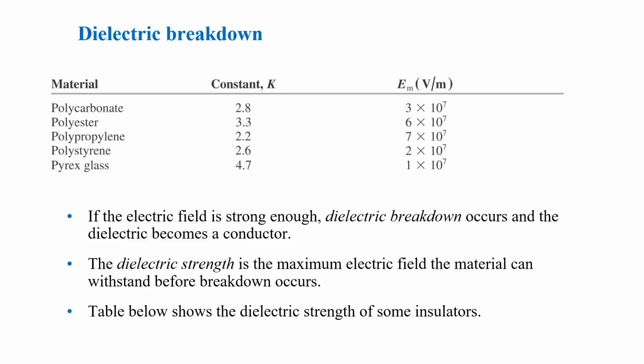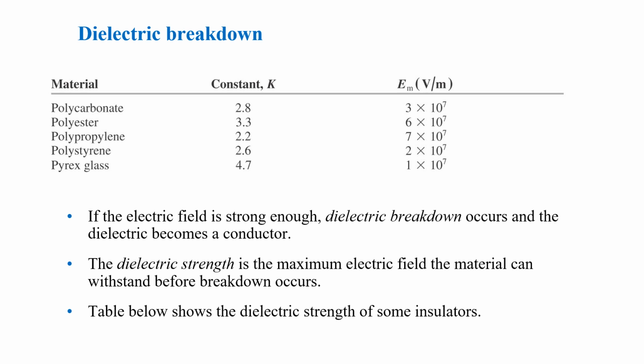Please remember that your capacitors have what you call a working voltage. For example, for a 220 microfarad capacitor, you can buy it with a working voltage of 25 volts. If the electric field is strong enough, a dielectric breakdown occurs and the dielectric becomes a conductor, meaning your capacitor is destroyed.